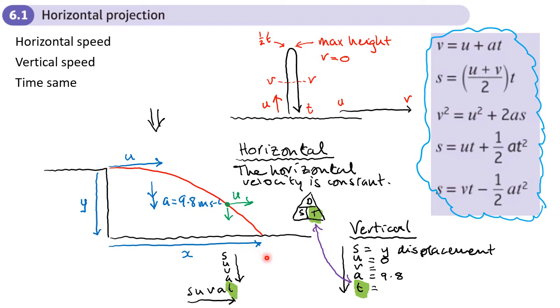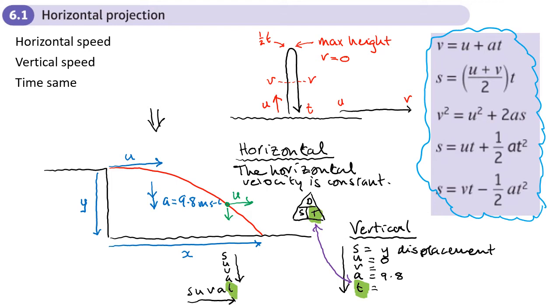So if you've only got information about the horizontal and you need to work out something for the vertical, work out the time, and that's what you can then substitute from one into the other. That links both. Acceleration isn't the same for both. The initial velocity isn't the same for both. The final velocity isn't the same for both. The acceleration definitely isn't the same because there's no acceleration in the horizontal direction, but time is the same for both. So that will allow us to link the two together.